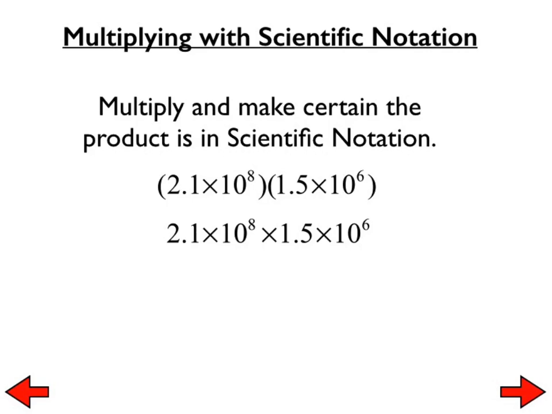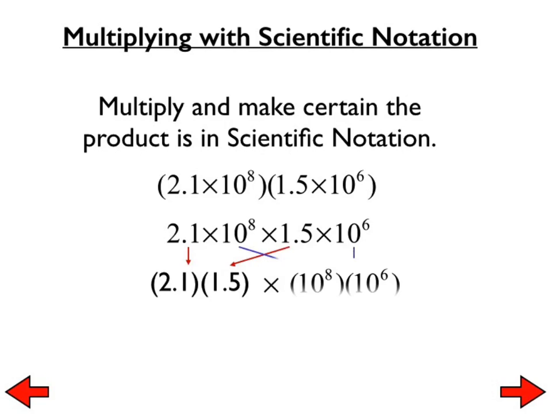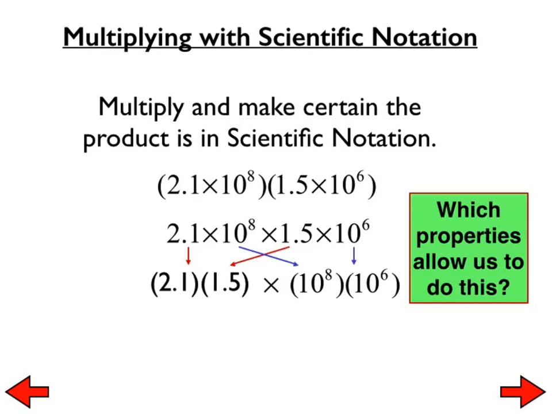So if I take this 2.1 times 10 to the 8th and multiply that by 1.5 times 10 to the 6th, if I regroup things, put the 2.1 and the 1.5 together, and I can do that because this is straight multiplication, and put the powers of 10 together, the reason why that's a little easier to deal with is because we can quickly multiply 2.1 times 1.5, and then since we have two numbers with the same base, we can add those exponents.